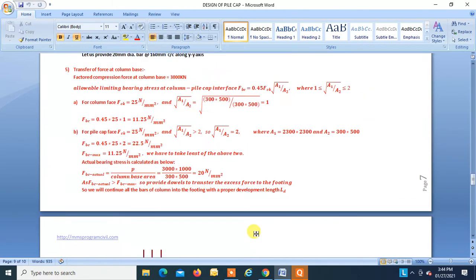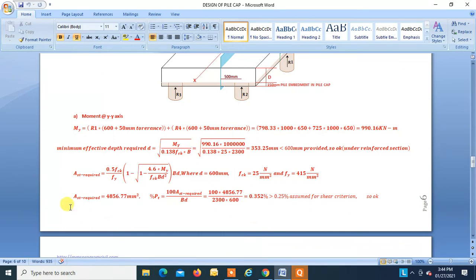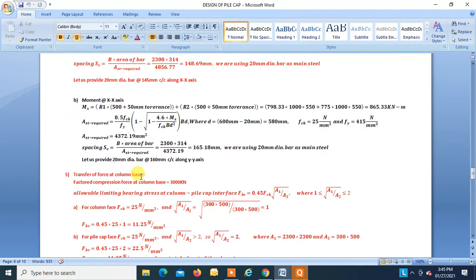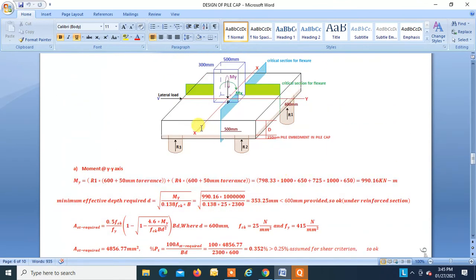Now moving forward, we will see the moment about the x direction. That moment will come into the picture due to reactions R2 and R1.